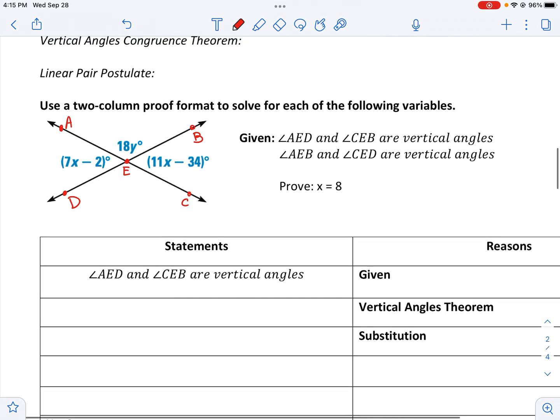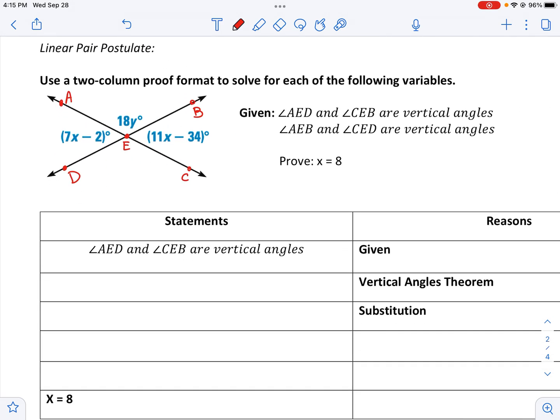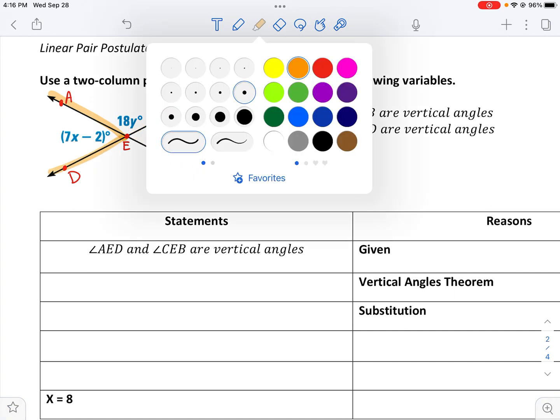I should always ask myself, if I'm looking at a diagram, what relationship do I see? And I'm going to write that out in letters. In this case, I've already given that to you, that AED and CEB are vertical angles. And I know that since they are vertical, these two expressions should be equal. Well, I can't do the expressions yet, but I can talk about these angles.